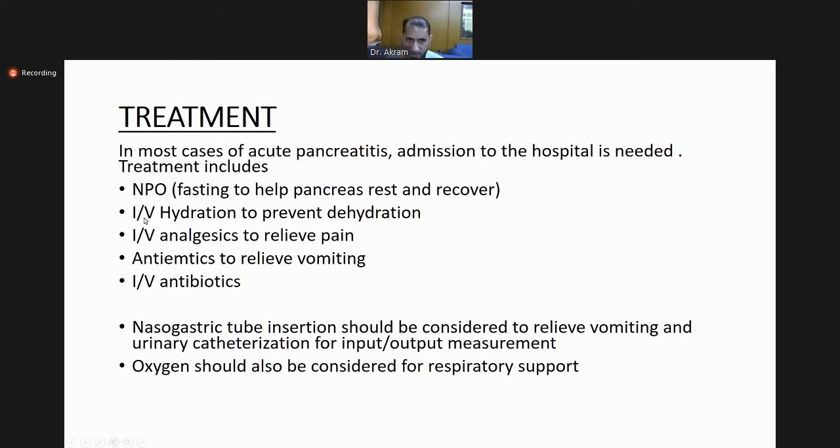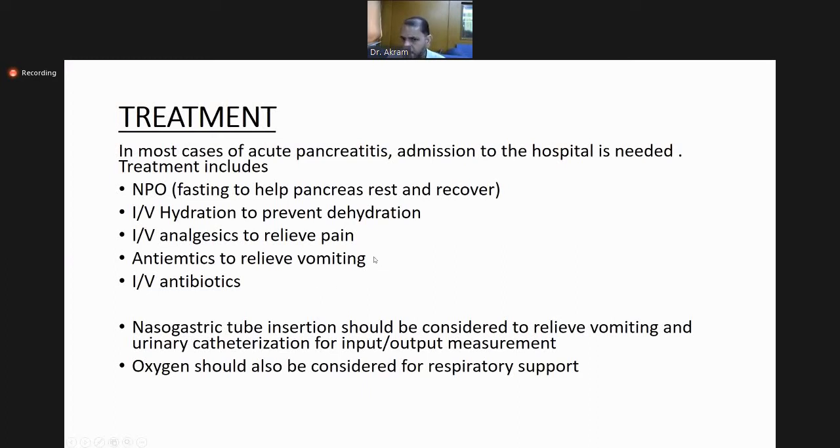Then maintain the IV line to correct the fluid and hydration. You give normal saline or Hartmann's. If the patient has severe pain, you give an analgesic, mostly a non-steroidal anti-inflammatory. Toradol gives very good results. If the patient has severe vomiting, then you pass a nasogastric tube. It has two advantages.